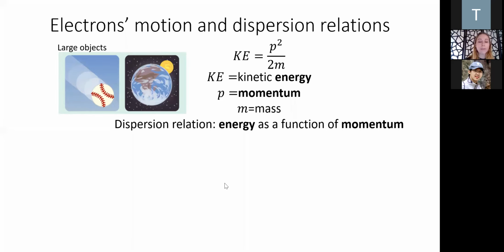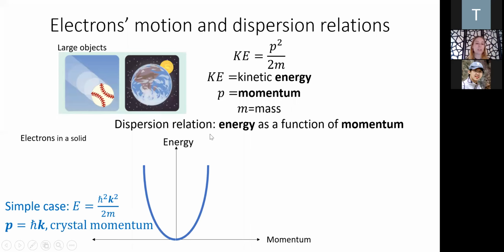You can also have dispersion relations for electrons in a solid. You can have simple dispersion relations, such as this case here, where it's just parabolic. So it looks just like a classical dispersion relation, and it's what you get just by solving the Schrodinger equation without any external forces.